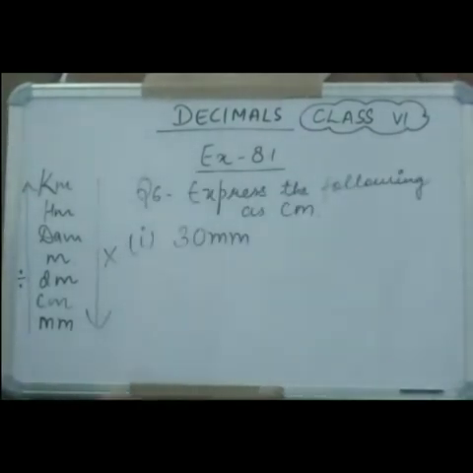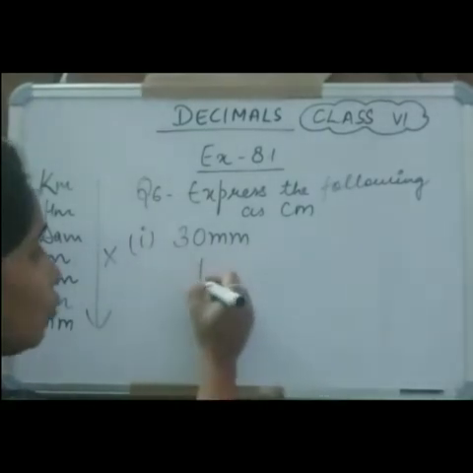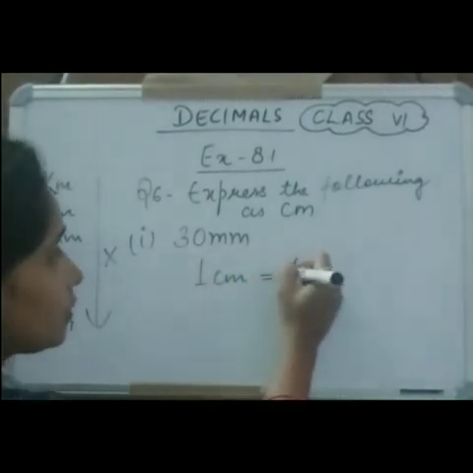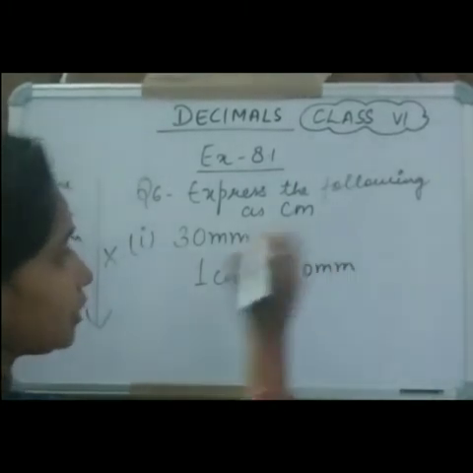Now see here, given is 30 millimeter, and we have to convert it into centimeter. From millimeter to centimeter, we are moving from a smaller unit to a higher unit, so we will divide. By what number will we divide? By the gap between them, which is 10. So in 1 centimeter there are 10 millimeter.